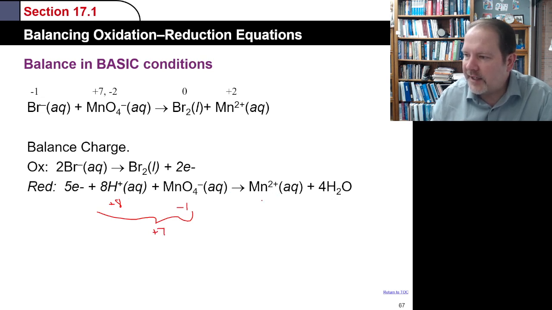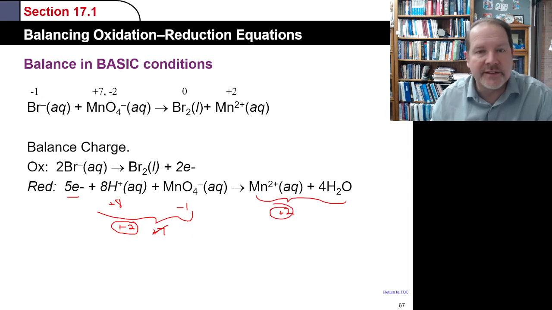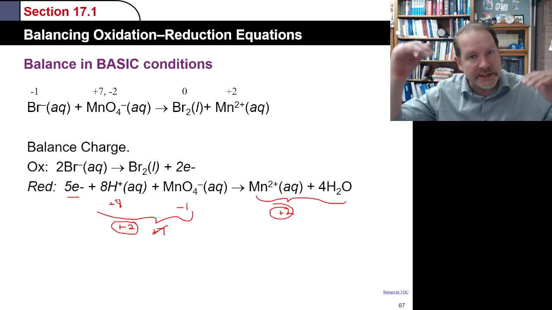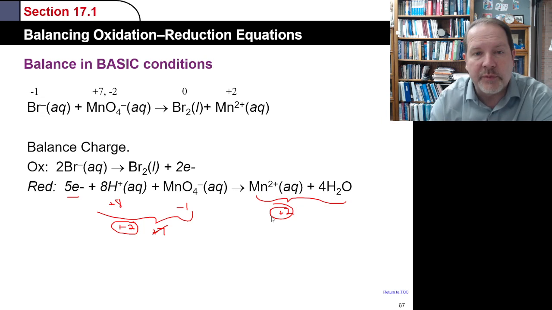Now on this side I have a +2 overall when I consider both the water and the manganese +2 ion. So if I add 5 electrons, that will bring the overall charge down to a +2. Now it's balanced in terms of charges on both sides. We don't need to bring it to 0, we just need to bring it to balance. And we use only electrons in this step here.